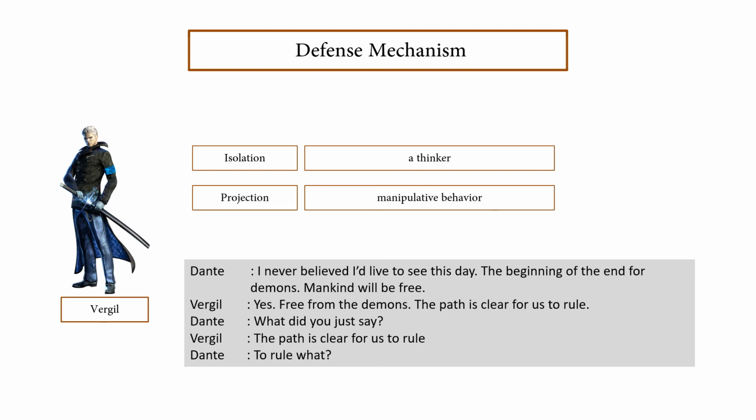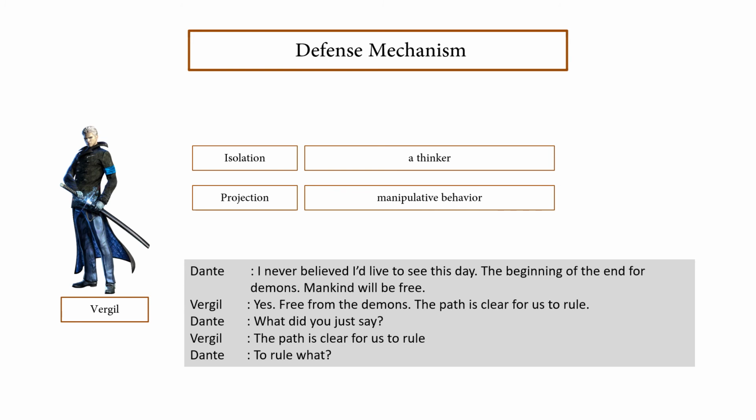His manipulative behavior could also be identified from this selection of dialogues, in which even his own twin brother was manipulated into doing a massive killing of Virgil's people who supported him to become the next king.